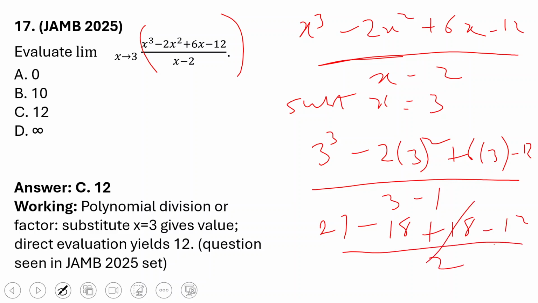Okay, so 18 will cancel 18. Okay, this is 1, sorry. This is 1 from here, right? So 27 minus 12.